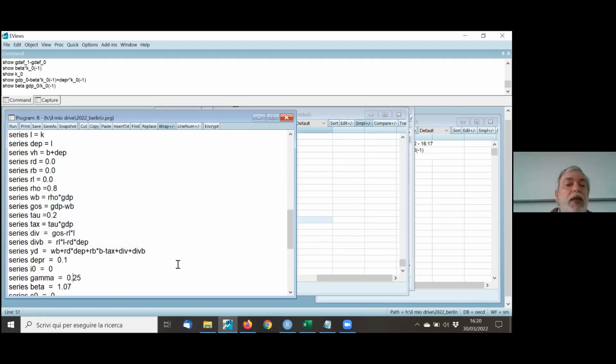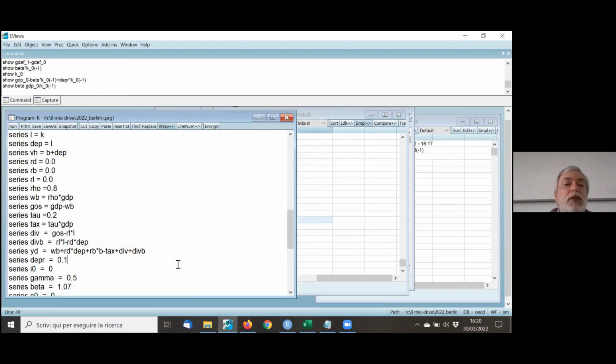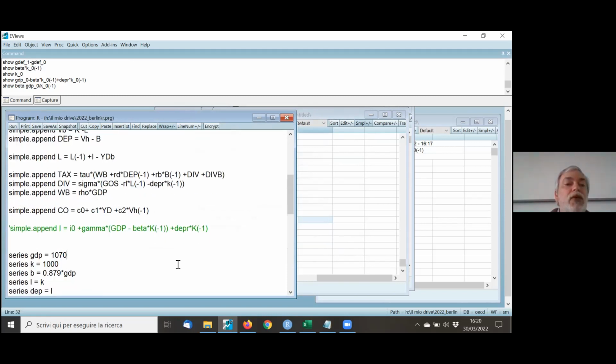And my gamma can be whatever, since what I have in the brackets should be 0. So let's check whether this now works. With I0 equal to 0, I can try to endogenize investment in this way.